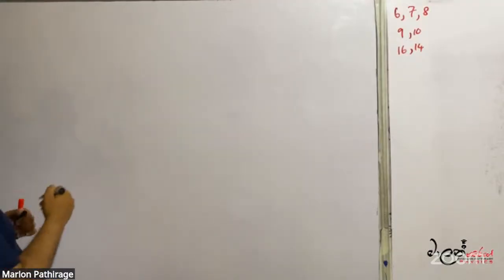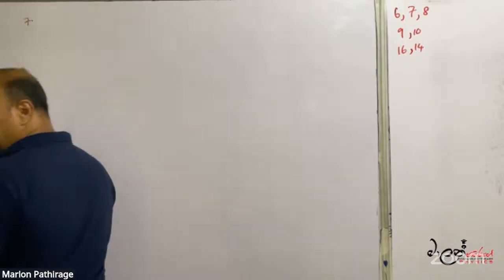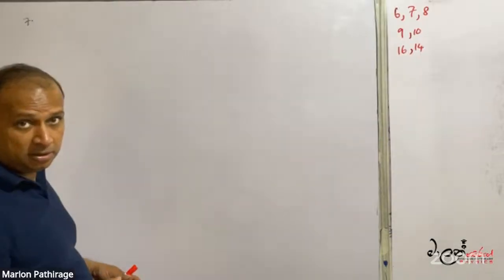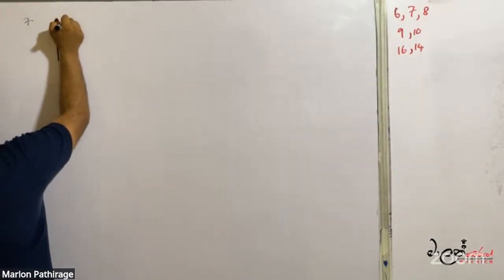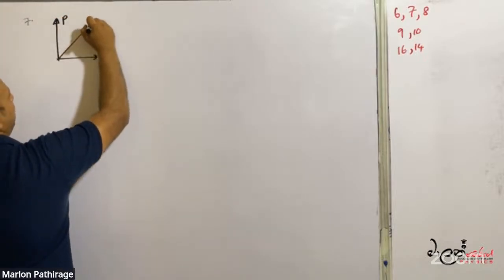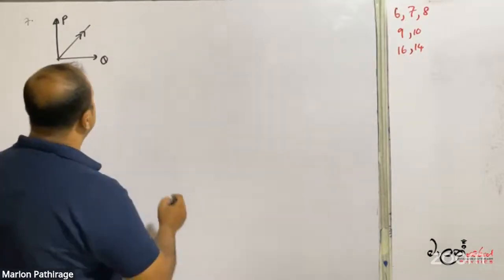When two forces are acting at right angle, question number 7, then the resultant is root 10 Newton.